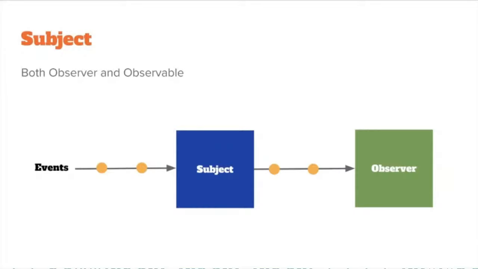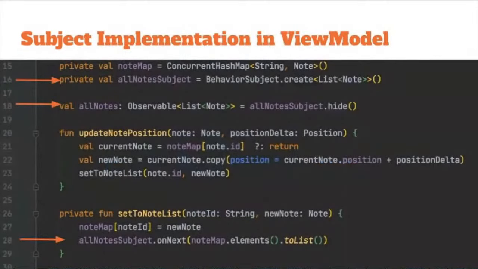What's the difference? The difference between observable and subject is that a subject can receive events from the outside world, but an observable cannot receive any events. So in our case, the view model can receive the events from the view layer by a subject and then transform it to an observable, and then this observable can be subscribed to by the view. So you can see in this code.